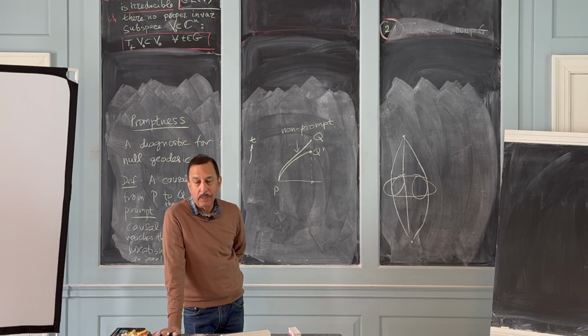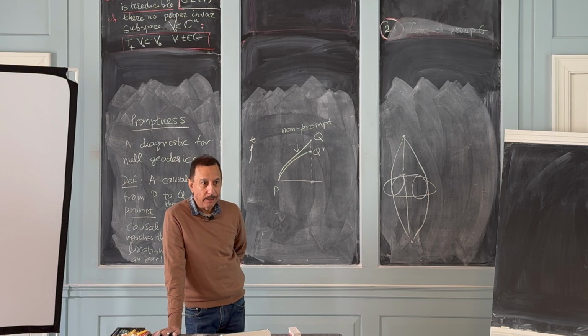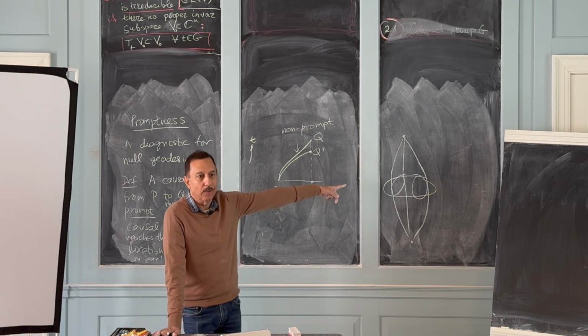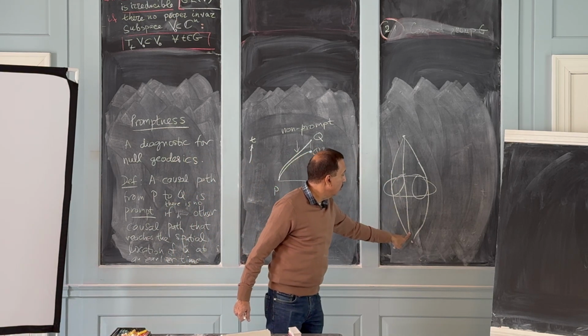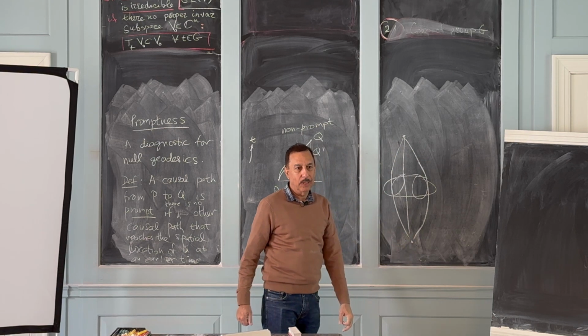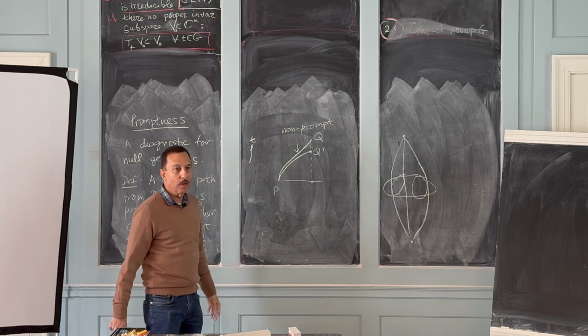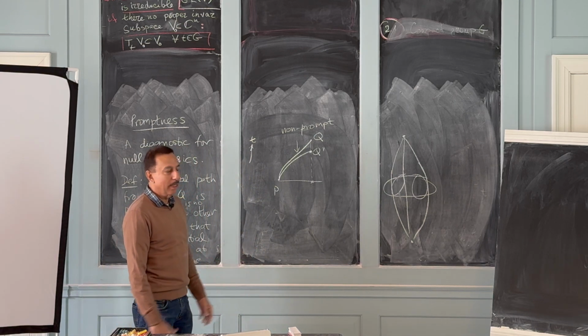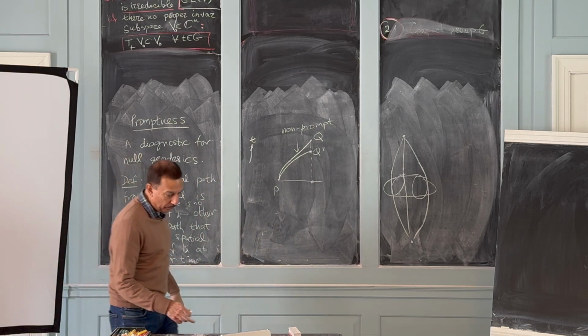No, but the problem is I might find more than one. Light will in fact do what you are saying, but it might do it in more than one way. That's what that diagram is saying. So this path might have t minus r non-zero, but this and this and this all have t minus r zero. So they are all null. But then we still haven't found out which one is the best. And so promptness is the, yeah, this is the definition.